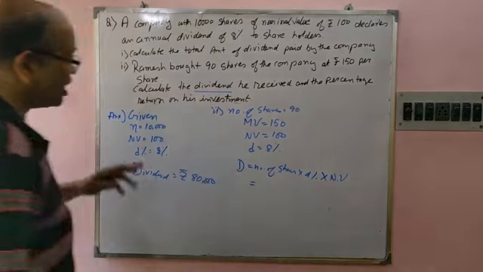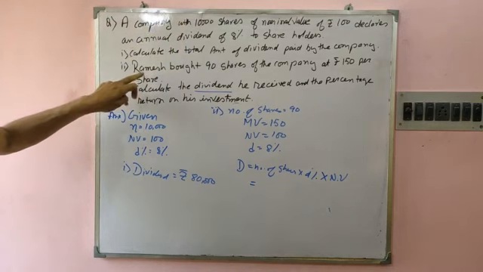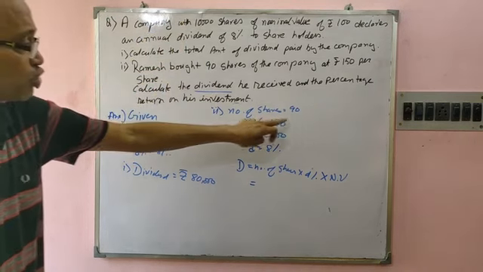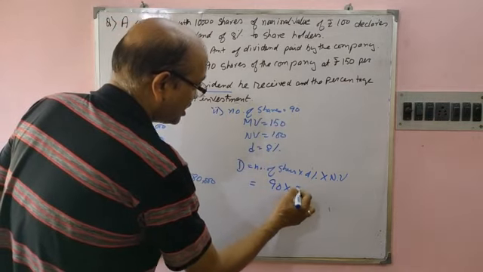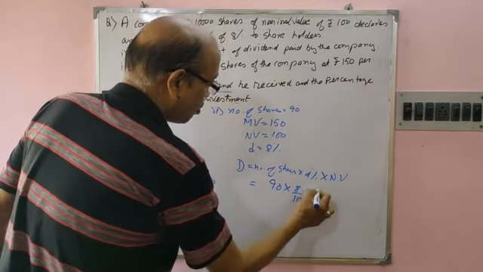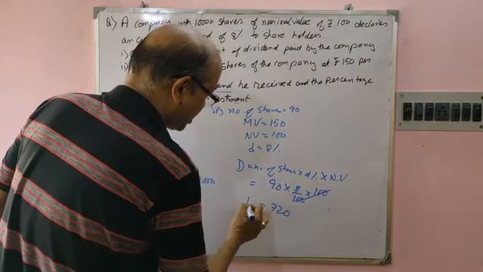Dividend is number of shares into D% into nominal value. Here the number of shares is not 10,000 because that was the shares of the company, but Ramesh has 90 shares. D% is 8% into nominal value 100. So 9 8s are 720.